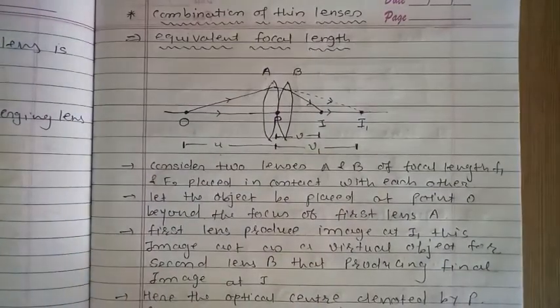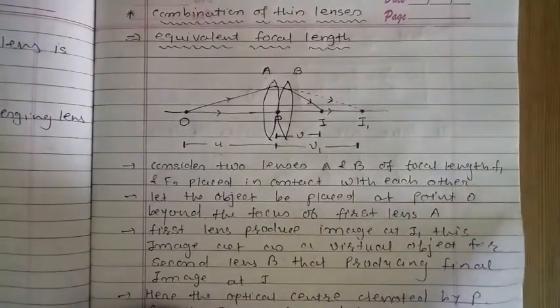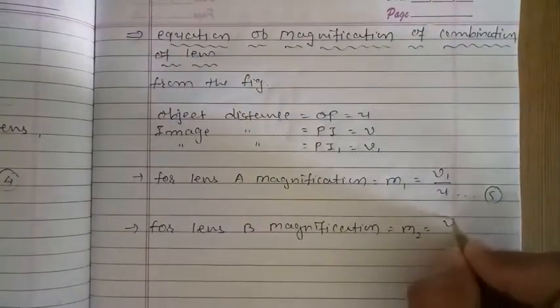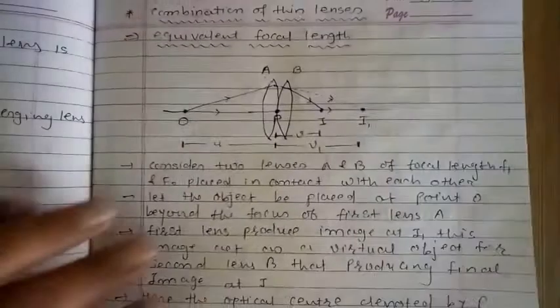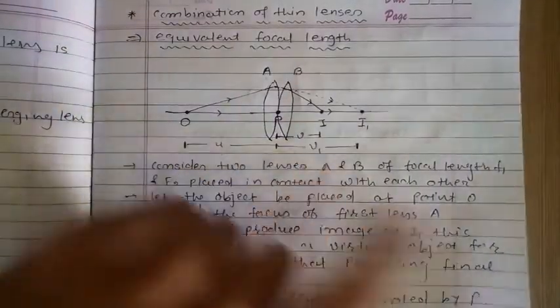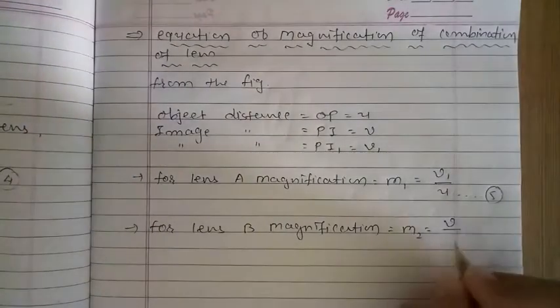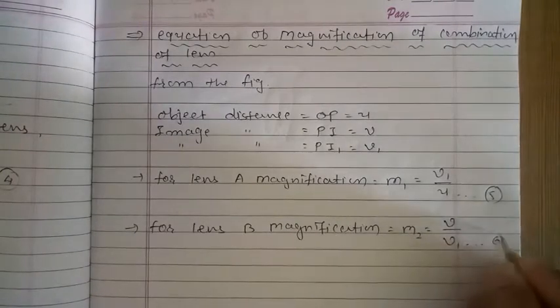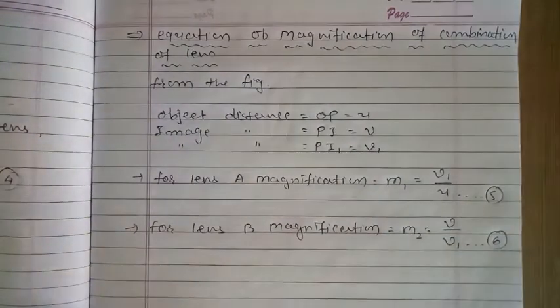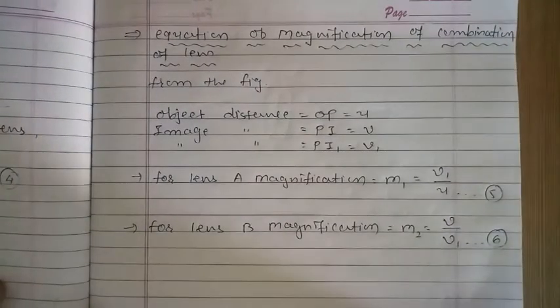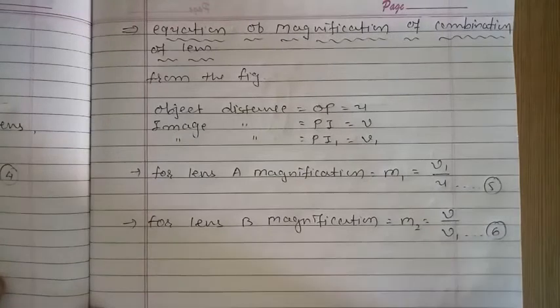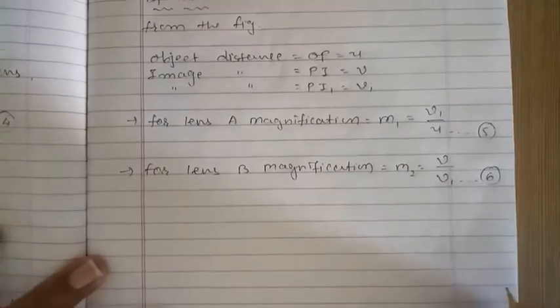So the formula is V by U, so we can say that M2 is equal to V by U, but object distance for lens 2 or lens B is V1, so we can write that V by V1, equation number 6, right?